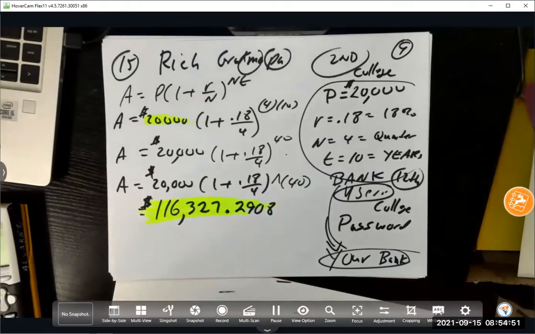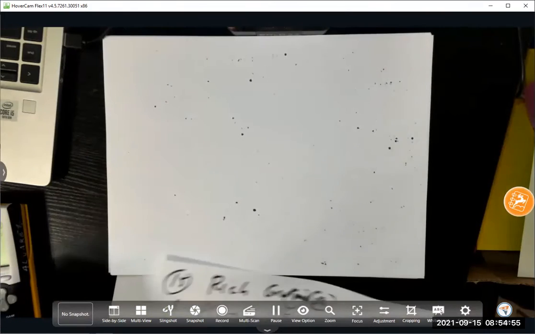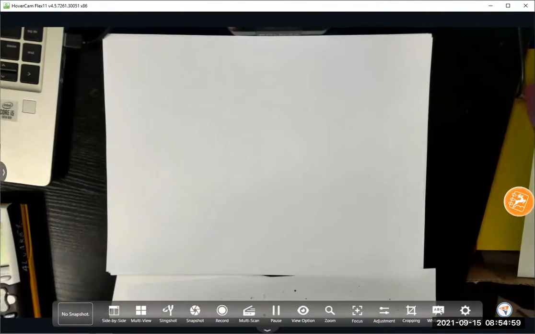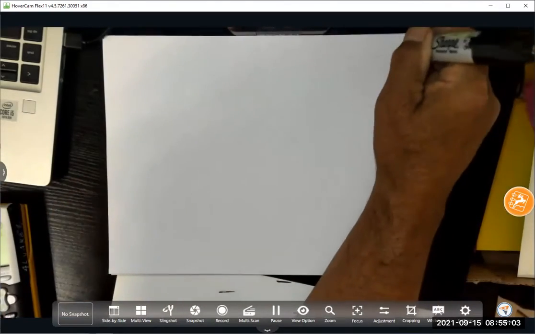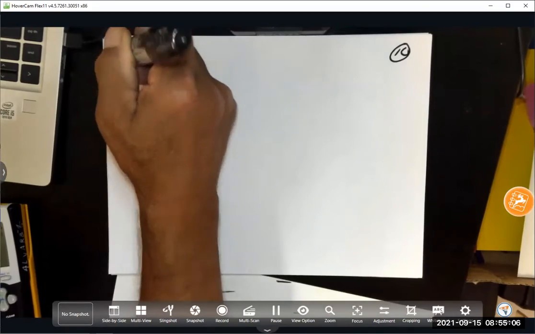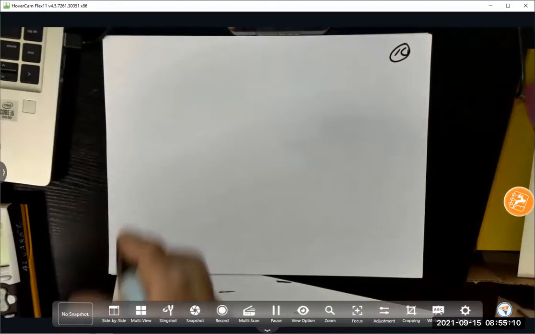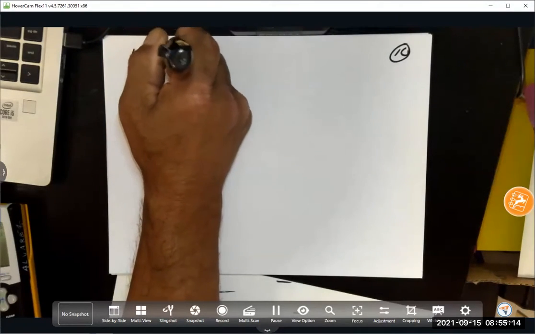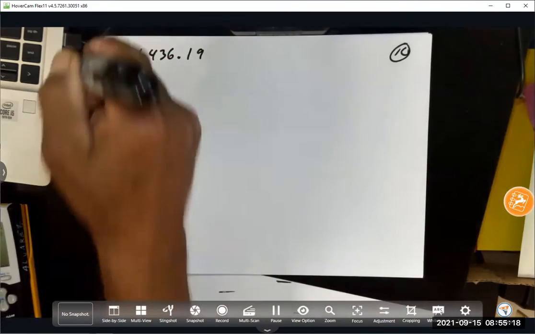So let me write it again. So I'm going to page 10. Go to page 10. All right. So page 10, I'm just going to write the amounts that we have. So we got, let me see, what was the first one? $16,436, and I'm just going to round it to 19.